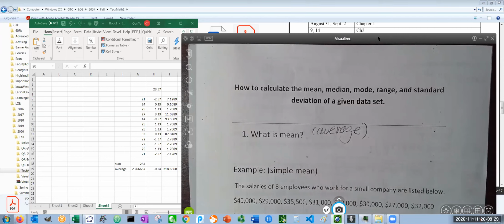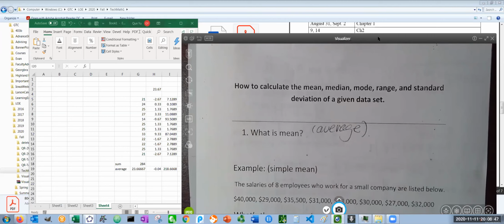Basically, there are two different kinds of means. One is called a simple mean, or simple average. The other is called a weighted mean, which we don't do in this video. I will have a separate video for the weighted mean.